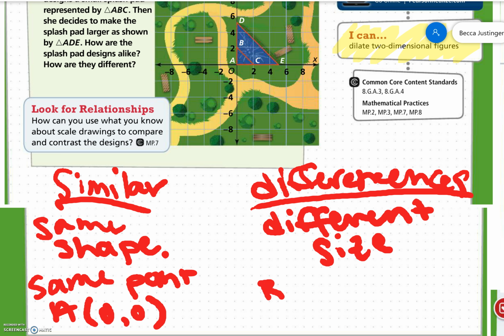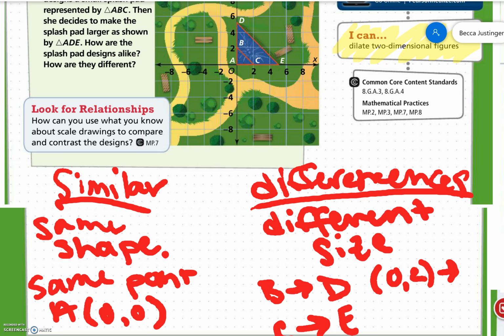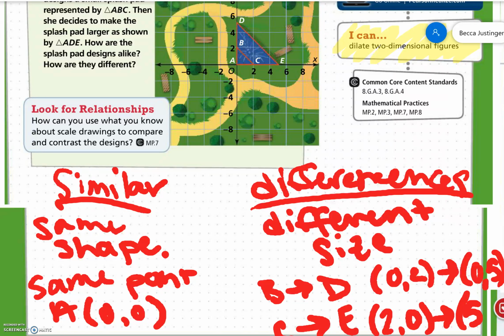But B turned into D, and C turned into E. So B was the point 0, 2, and it turned into the point 0, 5. And C was the point 2, 0, and it turned into the point 5, 0. So the zeros stayed the same, but the 2's turned into 5's.